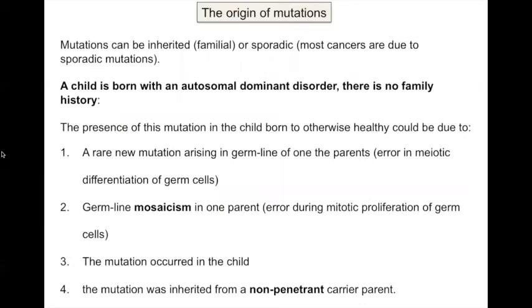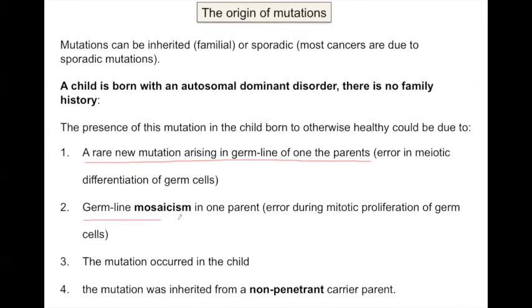Mutations can be inherited or familial, or they can be sporadic. Most cancers are due to sporadic mutations. A child is born with an autosomal dominant disorder, for example, and there is no family history. How could that occur? So a rare new mutation can arise in the germline of one of the parents through an error in meiosis, for example.